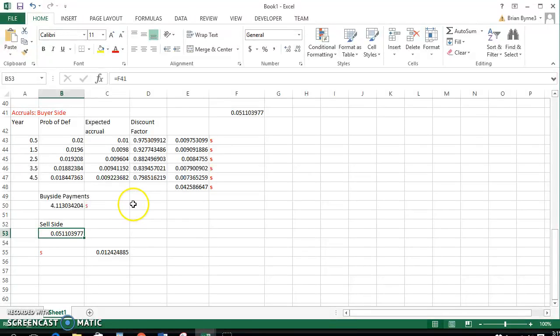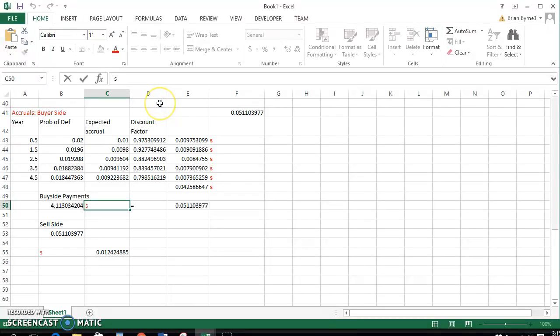So if you like, we have an identity like this, and when solving, again maybe we should think of this as being multiplied by S. The 4.11 is being multiplied by S, and that's equivalent to 0.05.